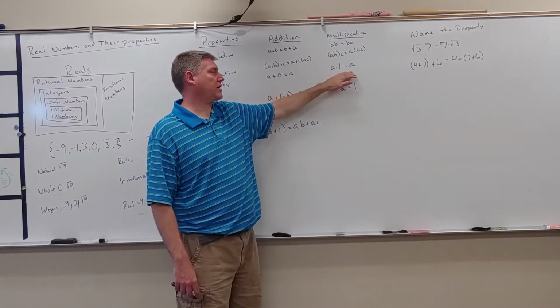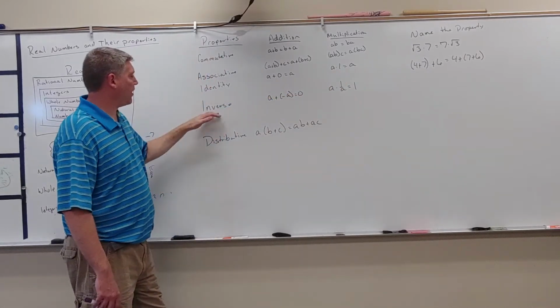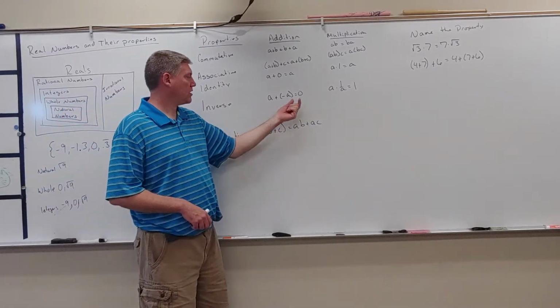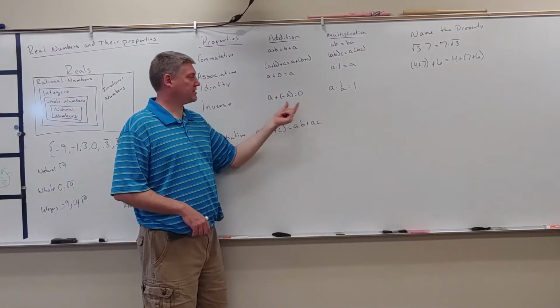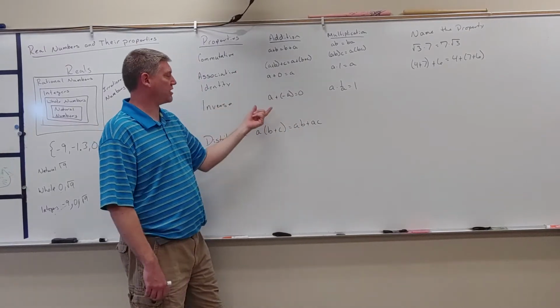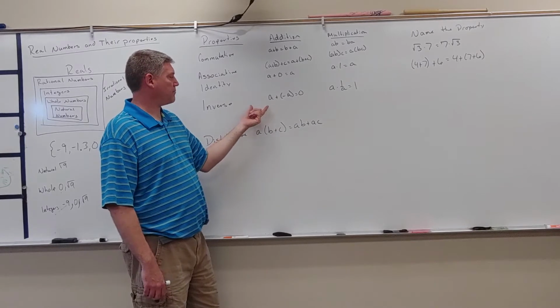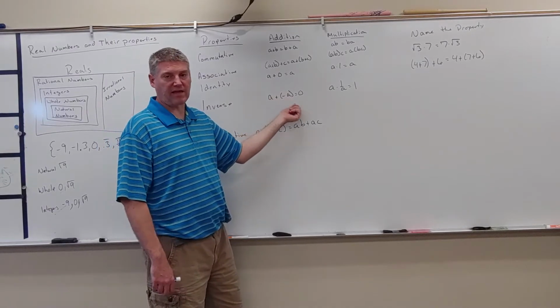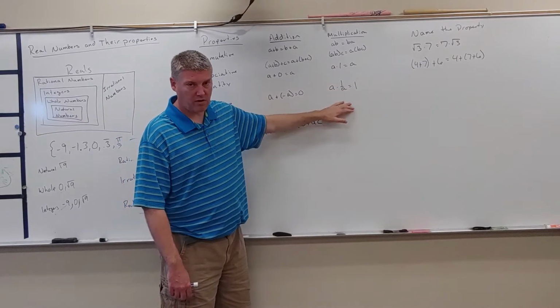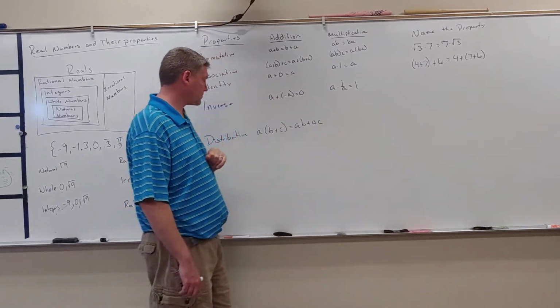A times 1 equals A. Now, inverse is getting back to that identity value. So what am I going to add to A to make it equal to 0? Well, I'm going to add negative A. So the inverse addition property is A plus negative A equals 0. The inverse multiplication is A times 1 over A equals 1.